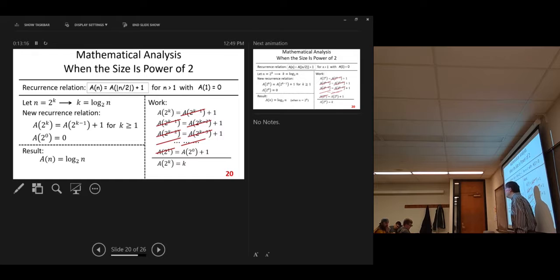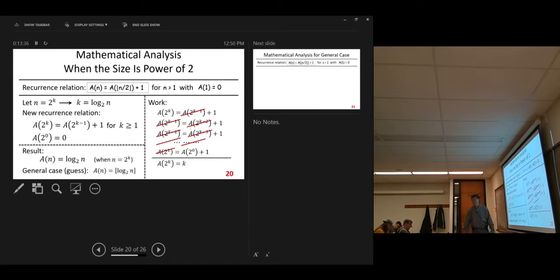Do you have any special function that makes a non-integer into an integer? Floor, ceiling, right? Here, let's use the floor function. Our guess, floor function.